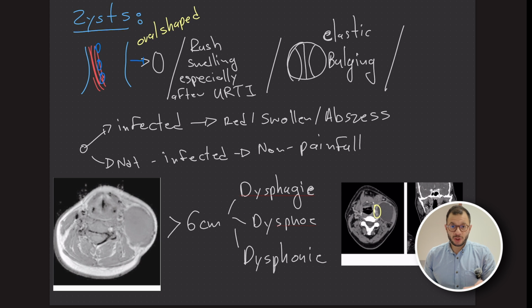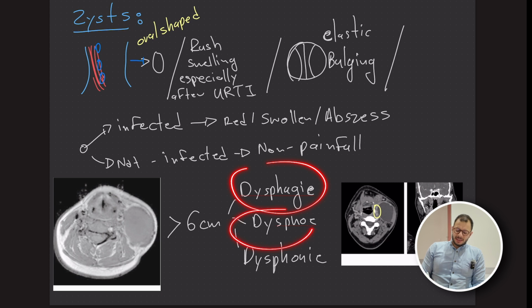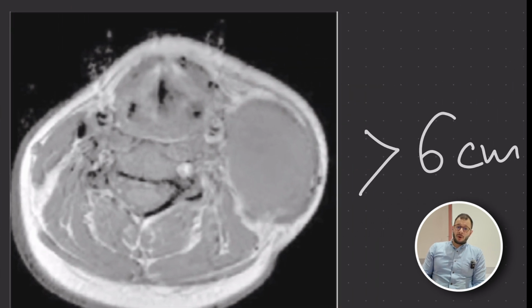If we're talking about a huge cyst, yes, more than 6 centimeters in diameter, then you have the 3 Ds. What are the 3 Ds? Dysphagia, dysphonia, and dyspnoea.